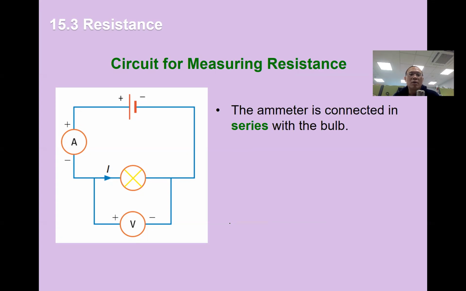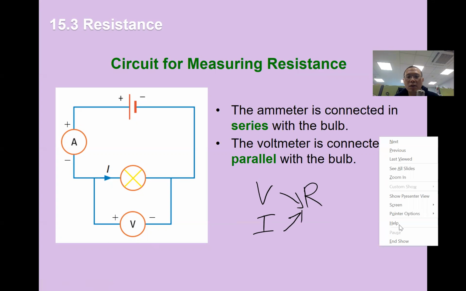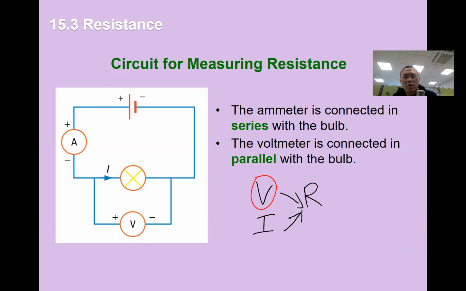Now, the circuit used for measuring resistance needs two components. We need V and we need I, so that we can calculate resistance using the mathematical formula. Which means your circuit needs to be able to measure the two components, namely the voltage and the current.